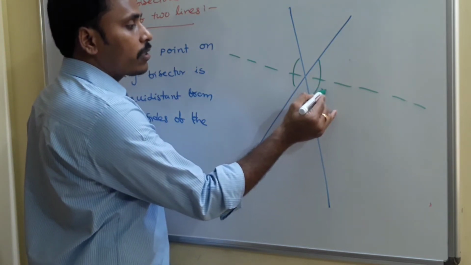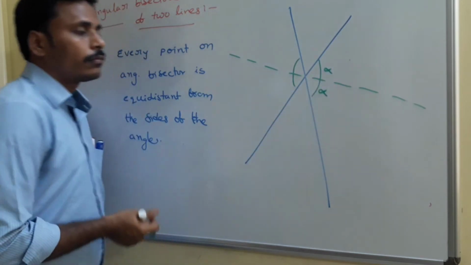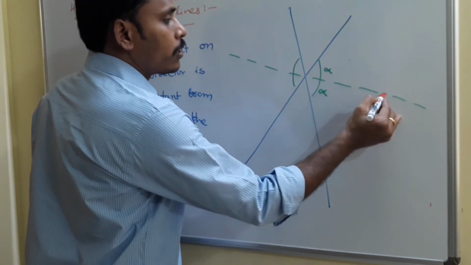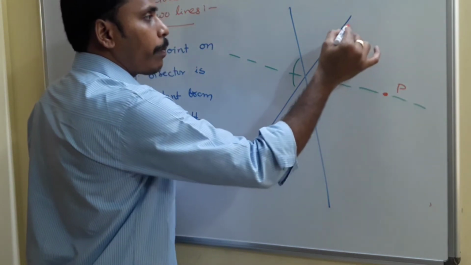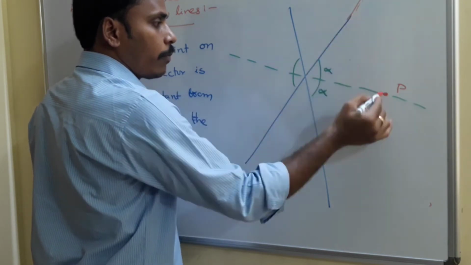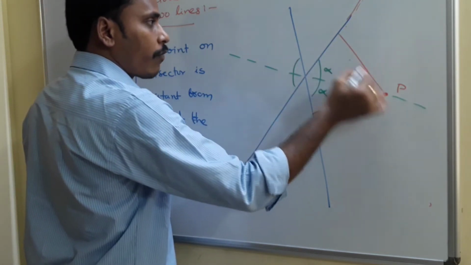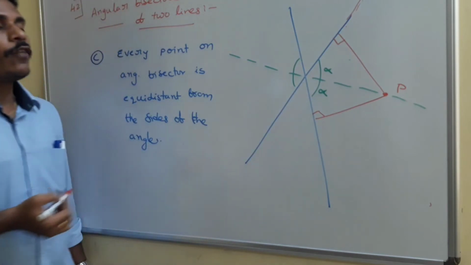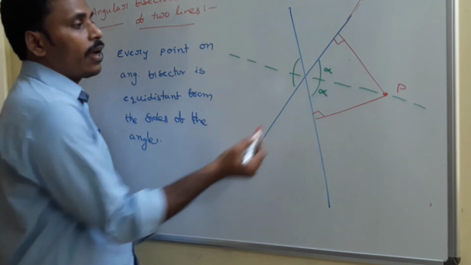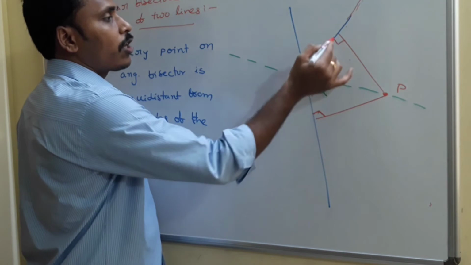These two angles are equal. You may say them as alpha and alpha. Now take a point P on the line, somewhere. Draw a perpendicular from P to this line, as well as a perpendicular from P to the other line. Look, alpha, alpha, this side is common for these two triangles, and 90 degrees is also common.